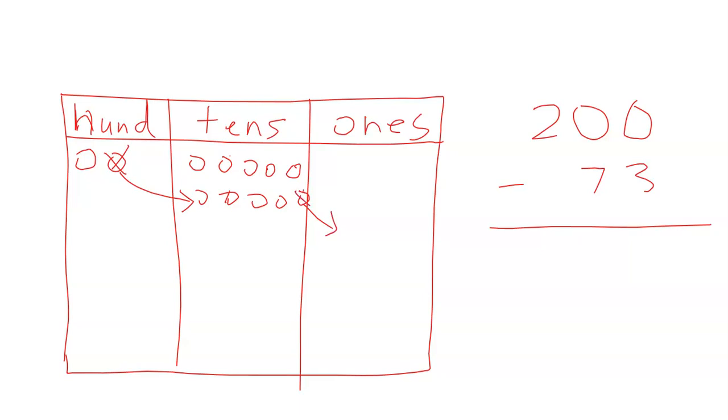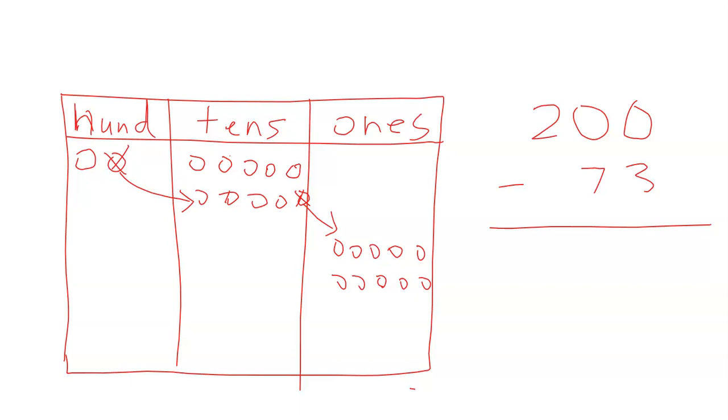I'm going to cross one of those tens off, and I'm going to build 10 ones. 1, 2, 3, 4, 5, 6, 7, 8, 9, 10. Okay? So now I can look back and see, do I have enough ones to subtract 3? Yes, I do. And do I have enough tens to subtract 7? The answer is yes.